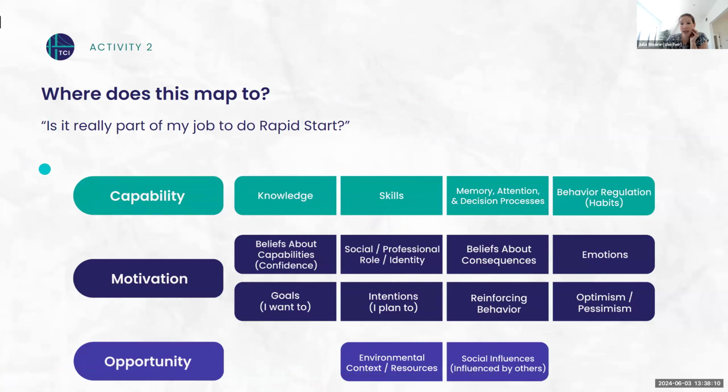So remember, to get your annotation, you are viewing Julia Moore's screen, view options, annotate, you get your nice little bar, and then stamp away. Oh, sorry. And the actual quote is, is it really part of my job to do rapid start? That's an example of a barrier we have heard people have experienced.